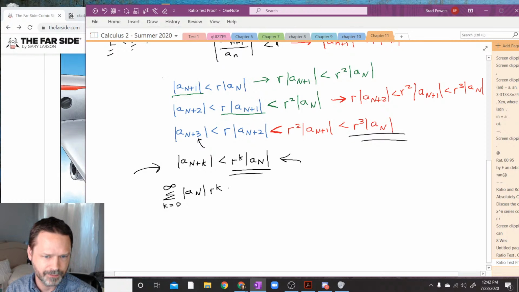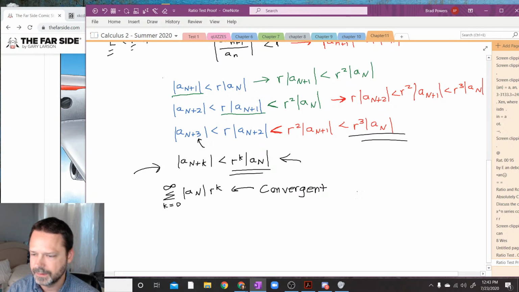Do we know if r is between 0 and 1? Yes, we do. We started with that assumption. And so since we start with that assumption, we know this guy is convergent.